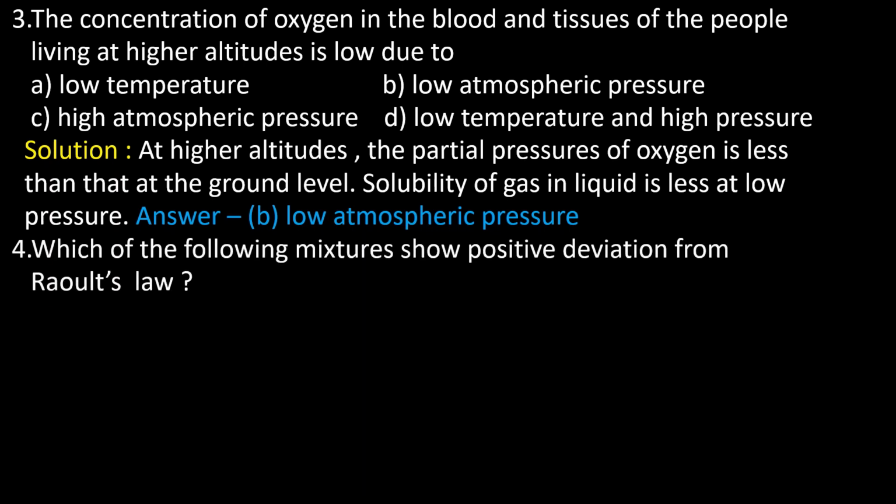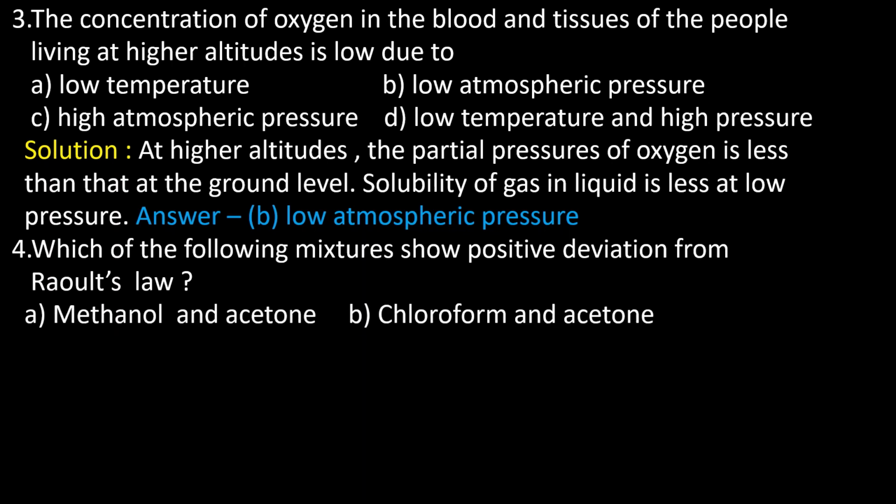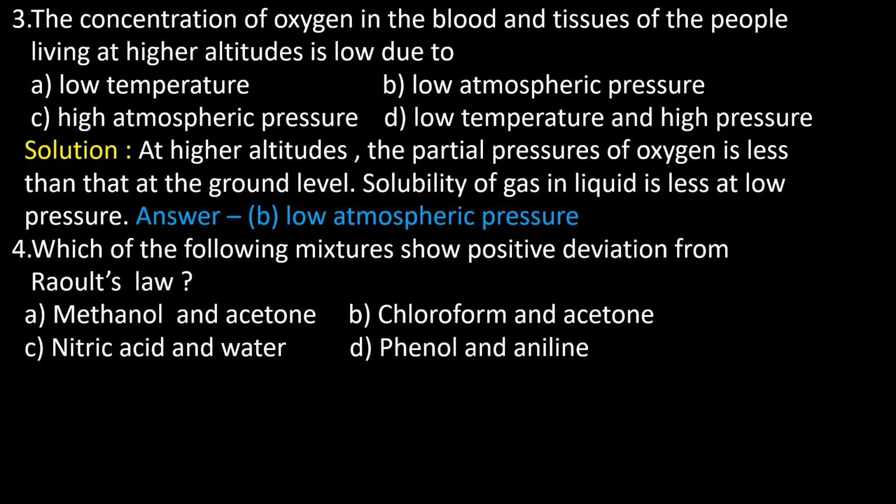Question number 4. Which of the following mixtures show positive deviation from the Raoult's law? A. Methanol and acetone, B. Chloroform and acetone, C. Nitric acid and water, D. Phenol and aniline. Dear friends, here the options B, C and D are the solutions which show negative deviation.